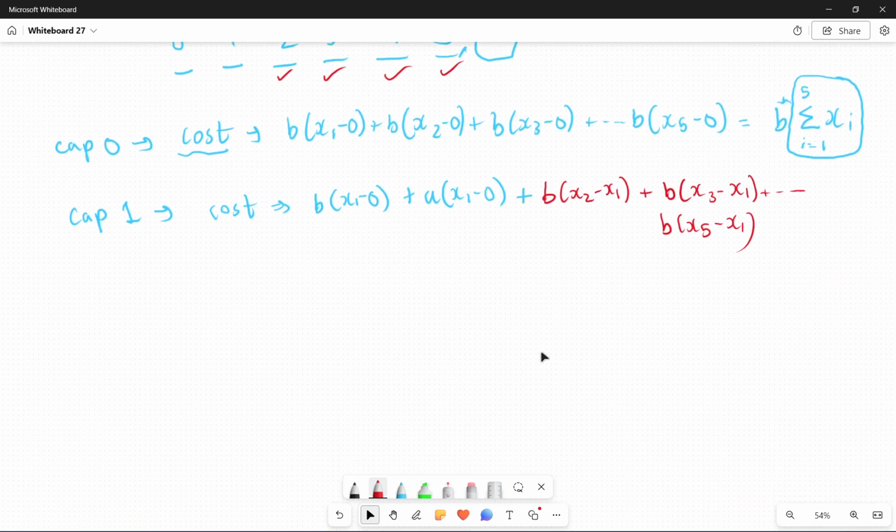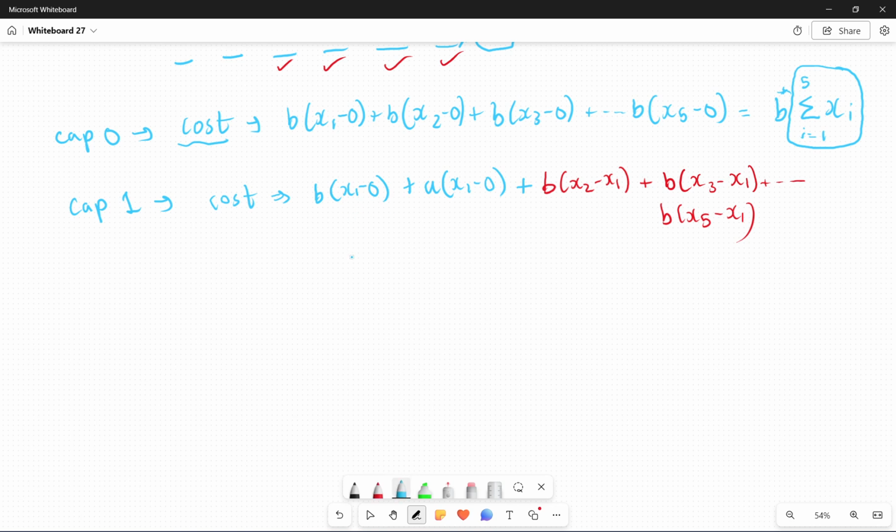So it will be a plus b into x1, plus b into the sum over i equal to 2 to 5 of xi minus x1.